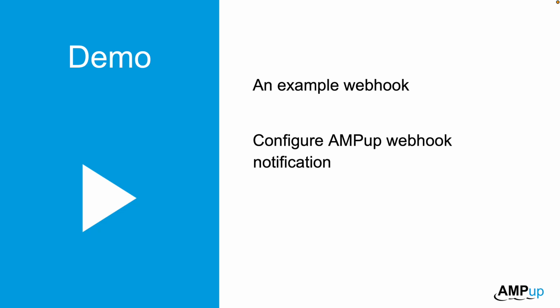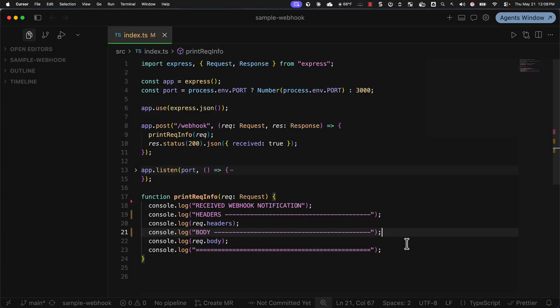We're going to take a look at a couple of things in this demo, and it assumes that you have knowledge of what webhooks are and how they work. We'll start with a quick look at the sample webhook we've created to receive AMPup notifications. Then we'll see in AMPup how to configure the webhook notification preferences. And finally, we'll bring it all together by running the solution. We'll start here and go through this really quickly.